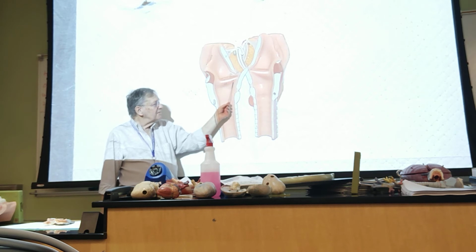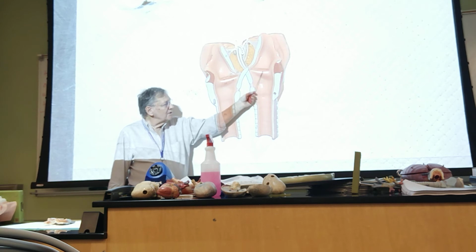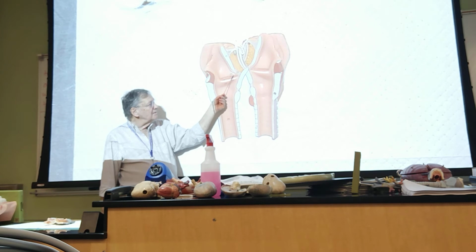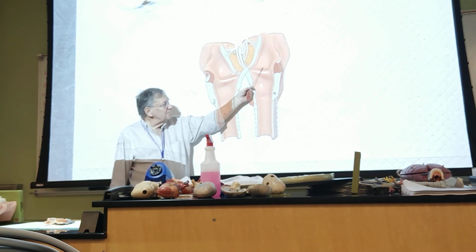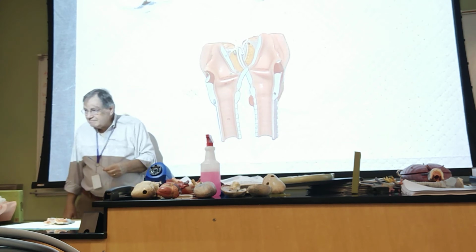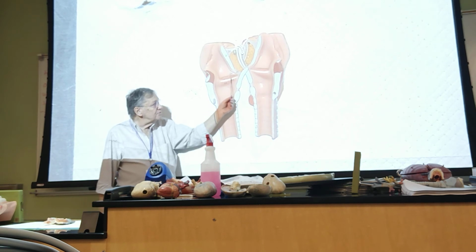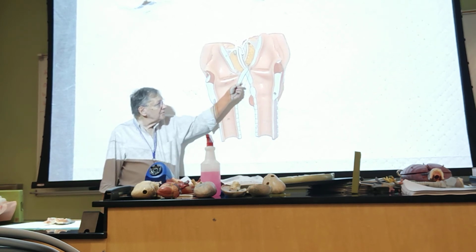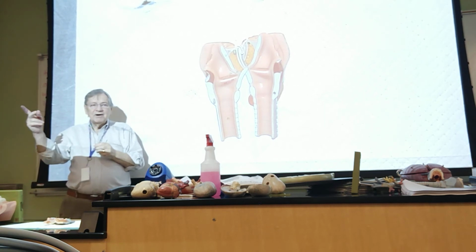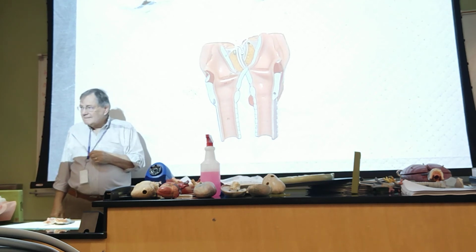The lower, thicker ones with the cords are your true vocal folds. And then the thinner, more modest, upper folds are the false vocal folds. True, true, true, true, false, false, false, false. Okay? Side to side, not up and down.